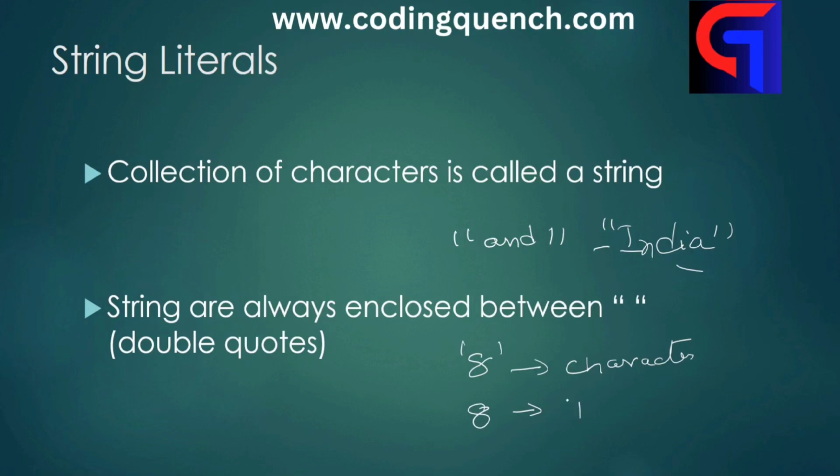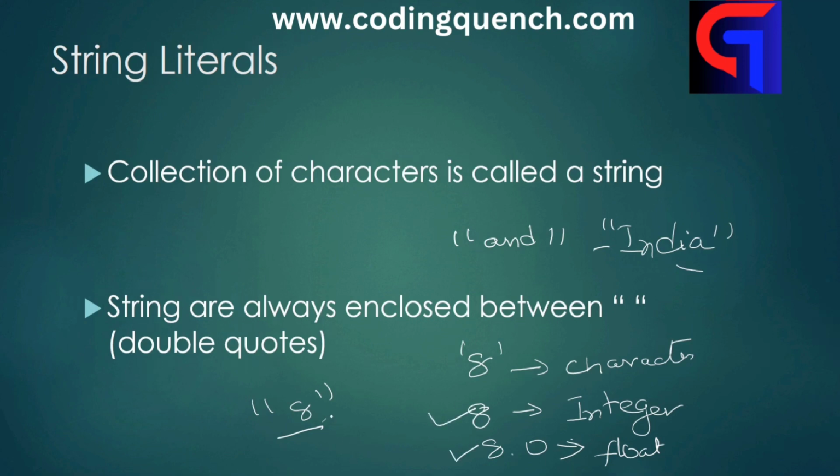That means this is an integer. 8.0 means this is a float number. If I put 8 in double quotes, what is the meaning? If I put it in double quotes, this is a string. Always remember these things. Single quote means character. Without any quotes, if there is no fractional part, then it is an integer. If a fractional part is there, that is a float. If it is embedded between double quotes, then it is called a string.